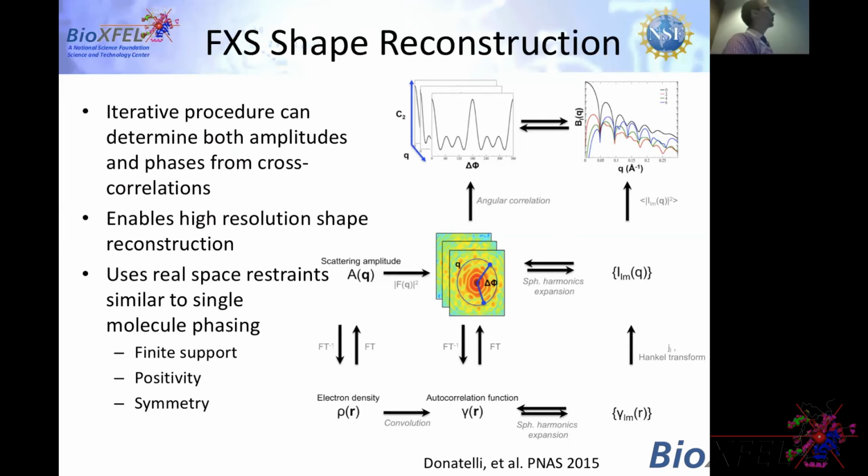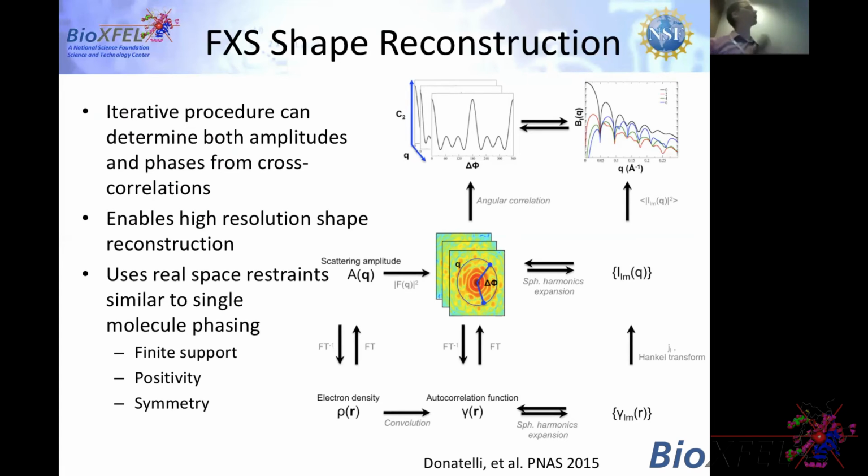And so you end up with a series of different profiles where you have the correlations as a function of Q from the center. You can deconstruct that into a series of essentially basis functions using spherical harmonics expansion, and you can ultimately reconstruct the electron density function. Now, I oversimplified that greatly, but you can do this.